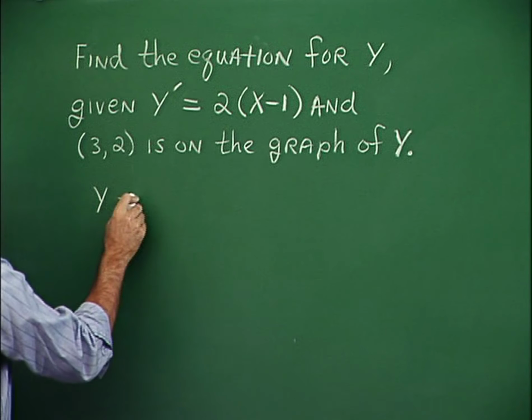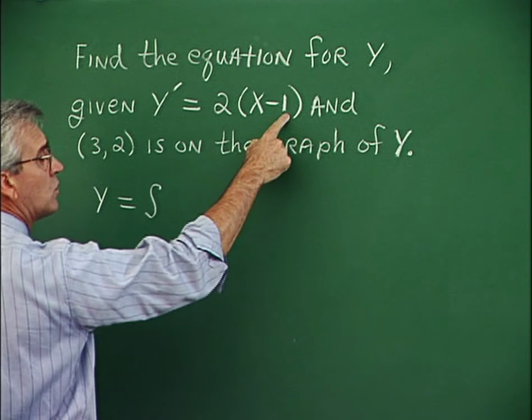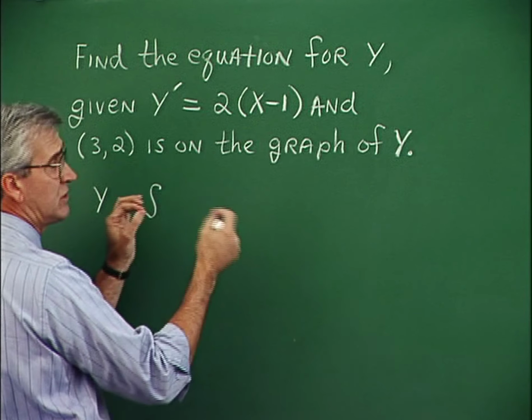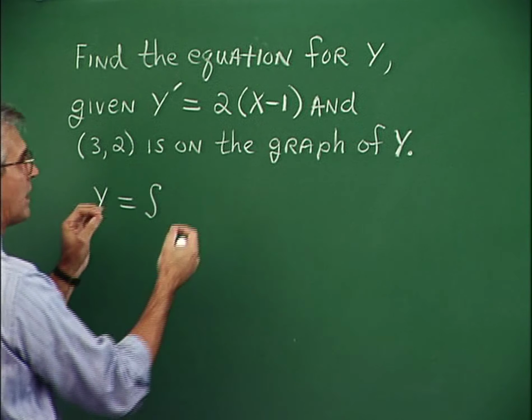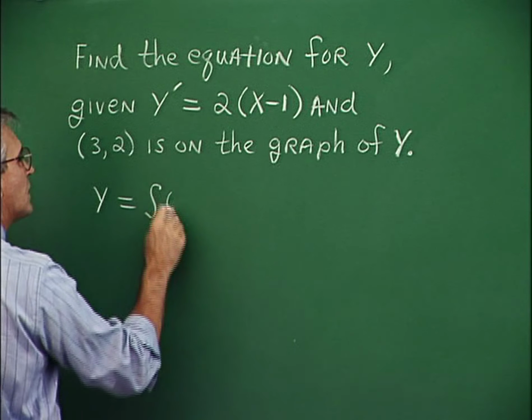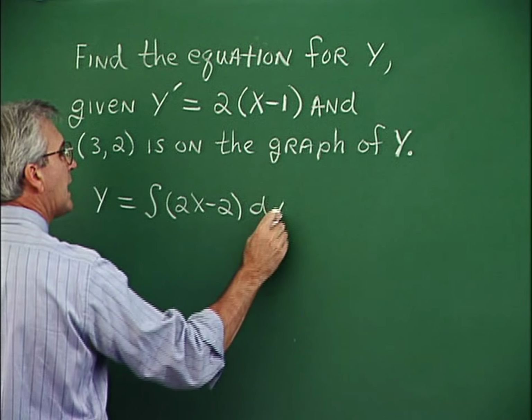y is the integral of 2 times x minus 1. I'd like to write this in an expanded form because it's probably easier to deal with in taking the integral. So this would then be the integral of 2x minus 2 dx.